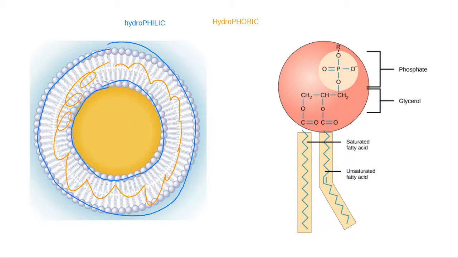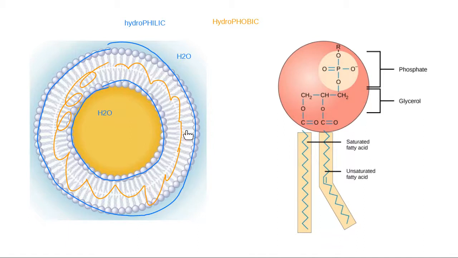Remember from when we filled in information in this picture, there's some water inside the cell. H2O, try again. There's water in the middle of the cell. There's water on the outside of the cell. Where there is not water is here in the middle, in this part that's hydrophobic.